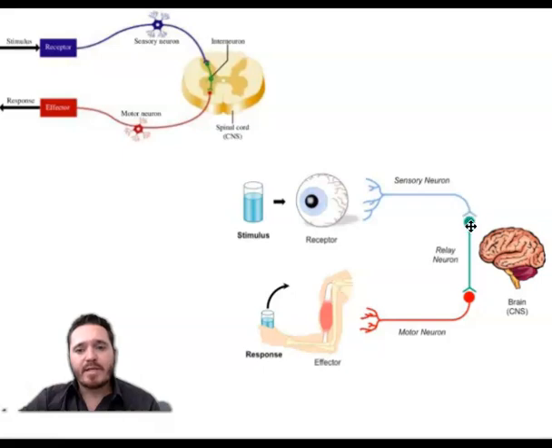Your brain processes that and sends the signal further to a motor neuron. The motor neuron would be connected to effector cells that could be, for example, in your muscles, and the response would be for the muscle to contract and you to drink the water.